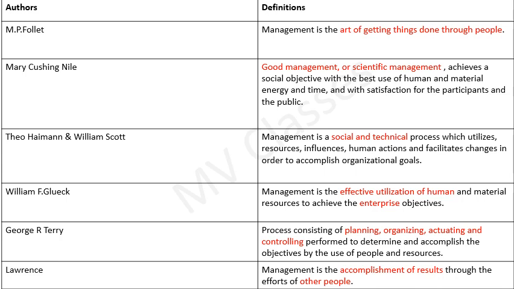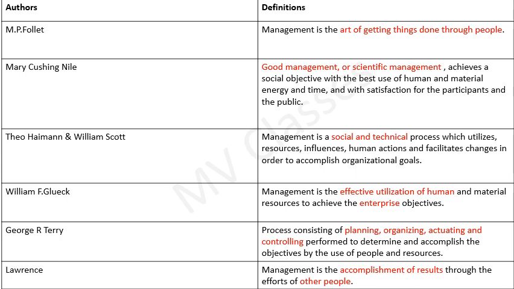And these processes are in series, interrelated sequential functions. So it is very important, and questions are mainly asked about what is given by Theo Haimann, and the options are very confusing. So you can learn it easily by remembering the social and technical process, which is given by Theo Haimann.